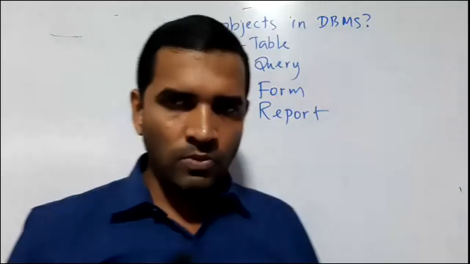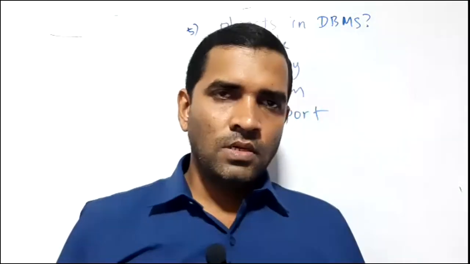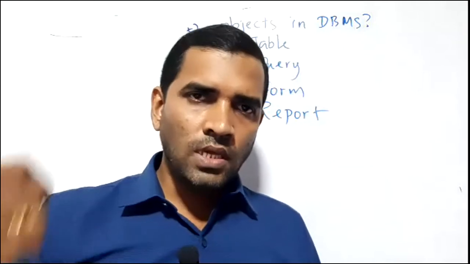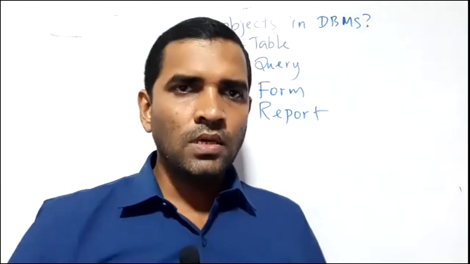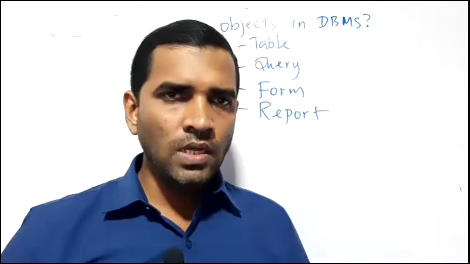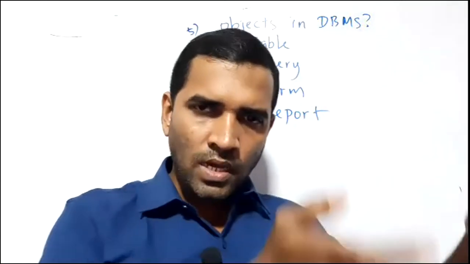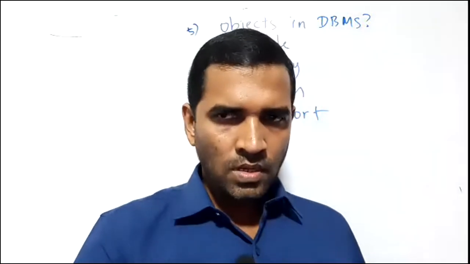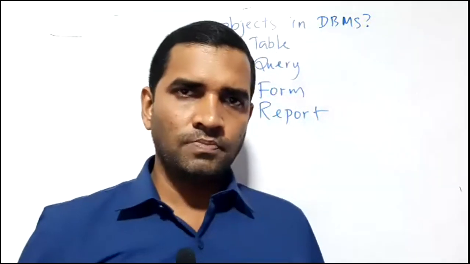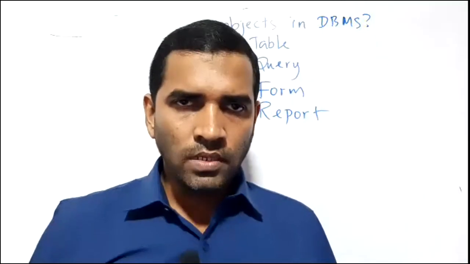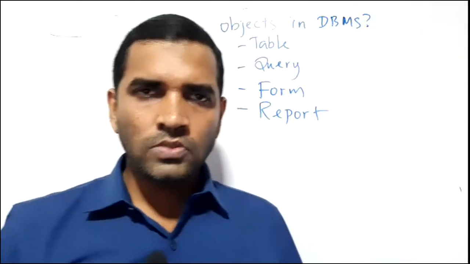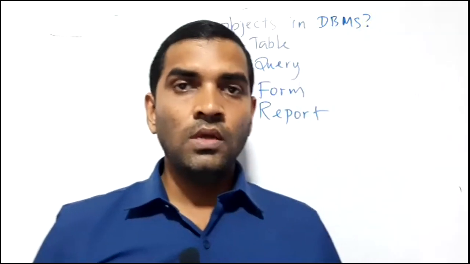Finally, you have report. What is it? It is for taking the data from the database and printing, for printing purposes. All the data are there in your database in the table. Table is the tool which has the data. So when you need some data to be printed out, use the tool report. With the help of the report tool, you can easily print whatever data that you need from the databases.